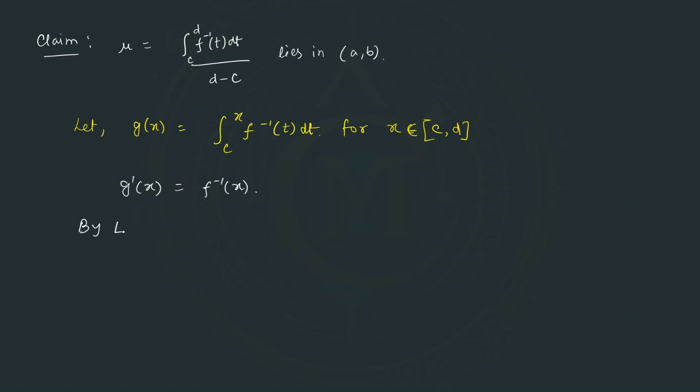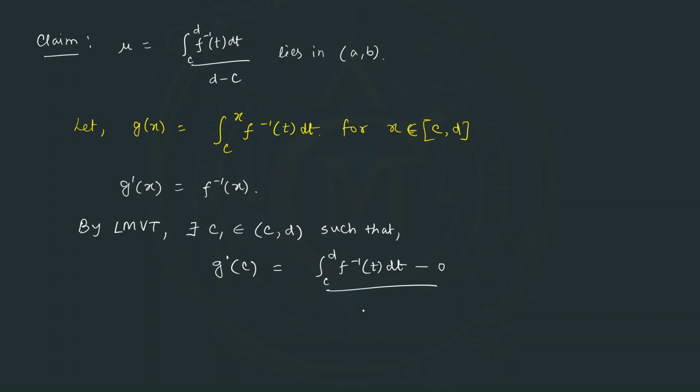So by LMVT, we can say there exists some c, let us say this c1 belonging to the open interval c comma d such that this g dash of c will become g of d, which is this, minus this will become 0, divided by d minus c. So basically this turns out to be the constant we assumed, which is mu.